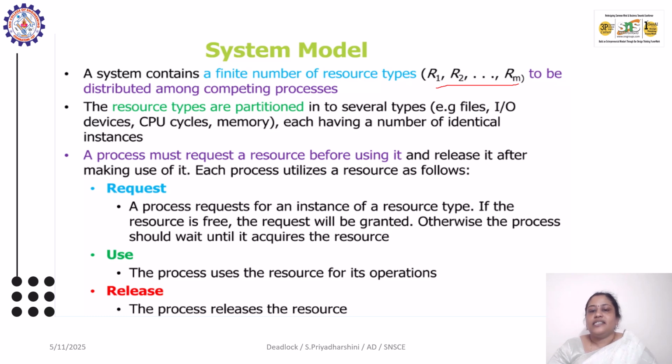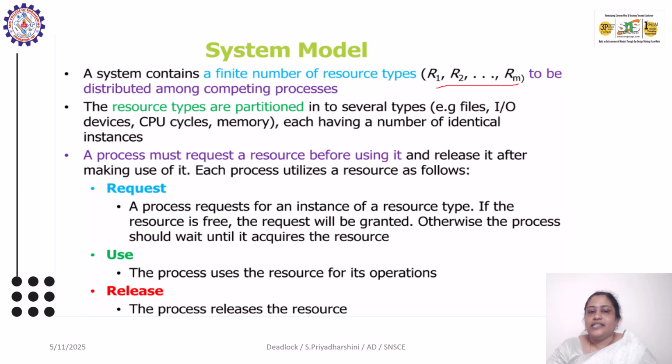Generally a system consists of a finite number of resource types. Suppose we take a printer, maybe limited to 5. The printer is a resource, and the 5 printers are called instances of that particular resource type.